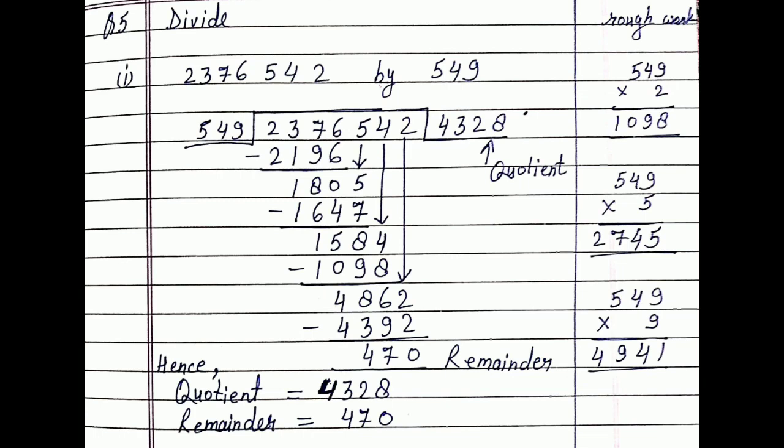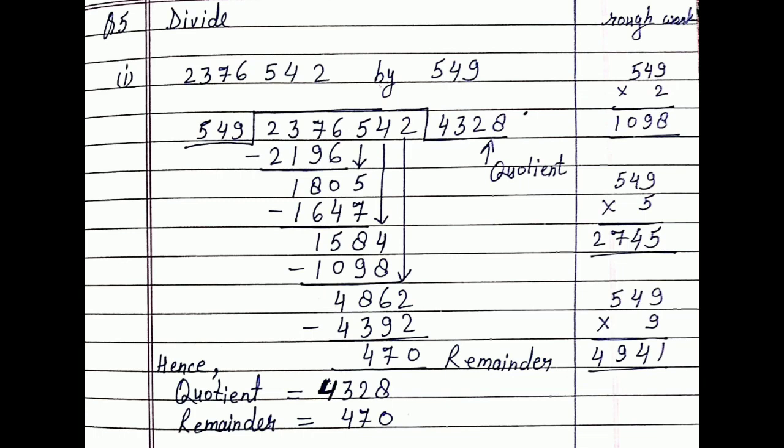To divide by any number, we use the table of the number which is given in the divisor to find the product which is equal to, or less than, or nearest to 2376. So the nearest product is 2196 when we multiply by 4.